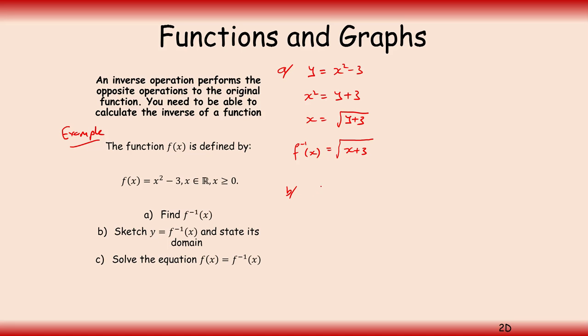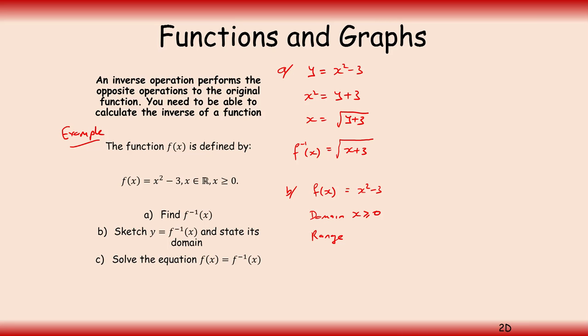The original function, f of x, is given by x squared minus 3. Its domain, x is greater than or equal to 0. Its range, well, it starts when x is greater than or equal to 0.